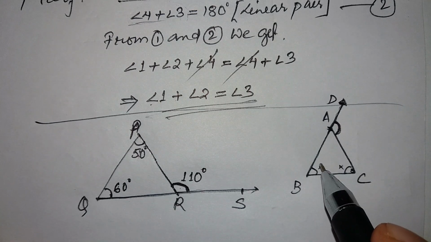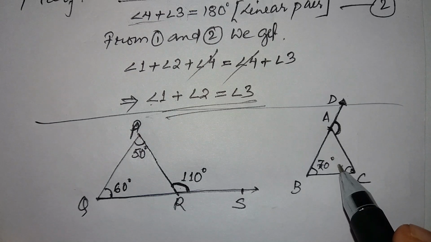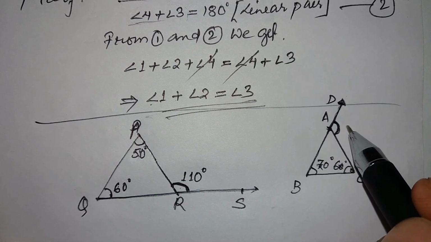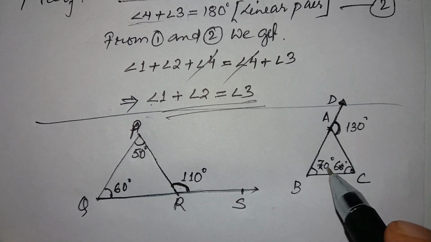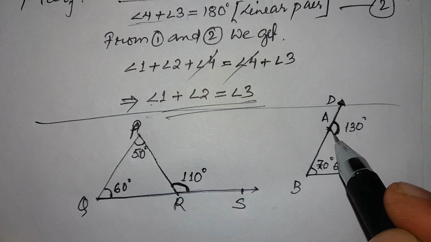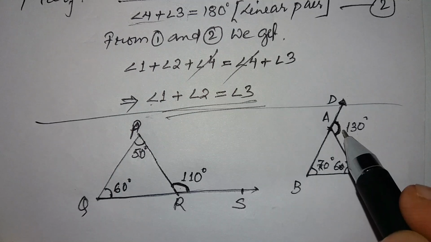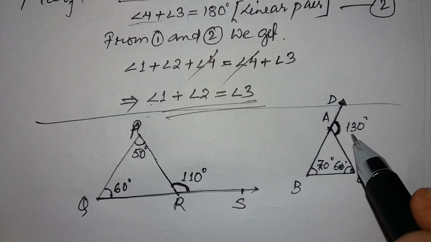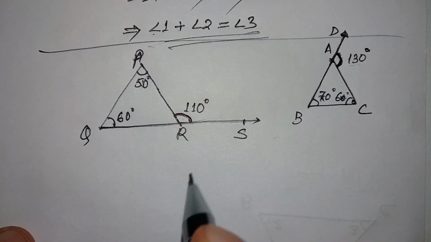So if this is 70 and this is 60, then this must be 130, because the sum of these two must equal the measurement of this angle. So 70 plus 60 is 130, so this angle must also be 130 degrees. Okay, one more.